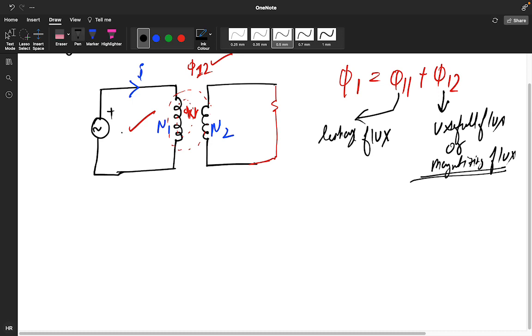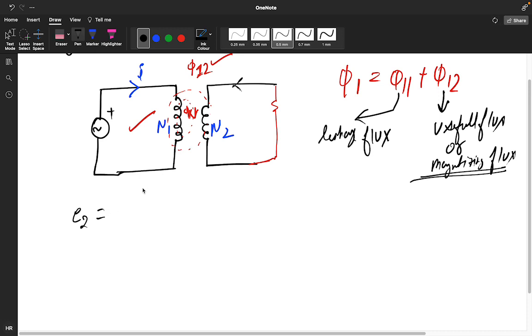If you want to get the voltage in this particular loop, your E2 will be what? I'm assuming some current I2 is flowing in this. We know the relationship between EMF and flux.